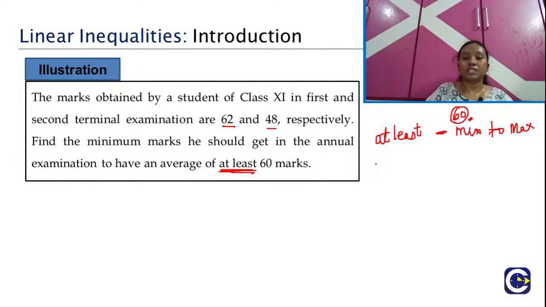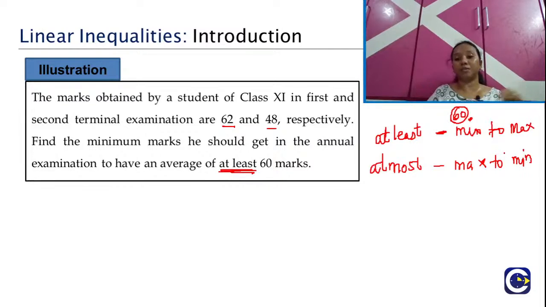Similarly, there is one more phrase, at most, which is the reverse of it. It starts from the maximum and goes down to the minimum. You will see these two words, at least and at most, frequently when we deal with the chapters on probability as well as permutations and combinations.